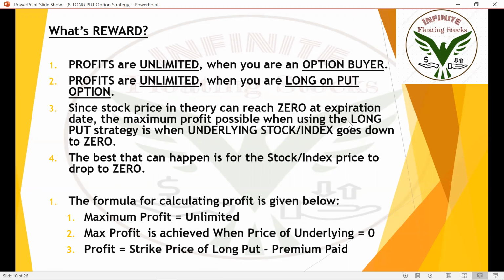possible when using long put option strategy. That's what I told, right? So the more fall happens, the more profits you get. If Nifty is falling down to zero from 14,300, then that means you're gonna gain the maximum profit.